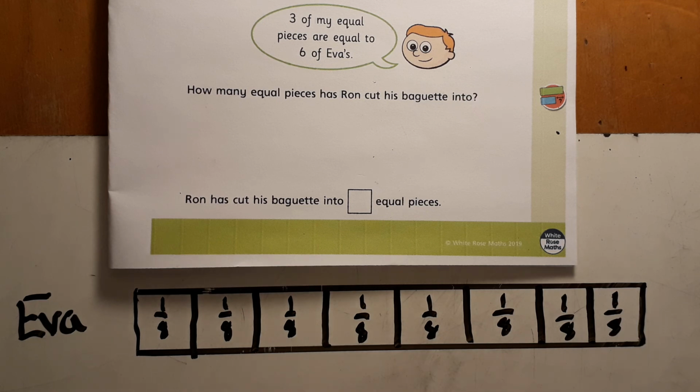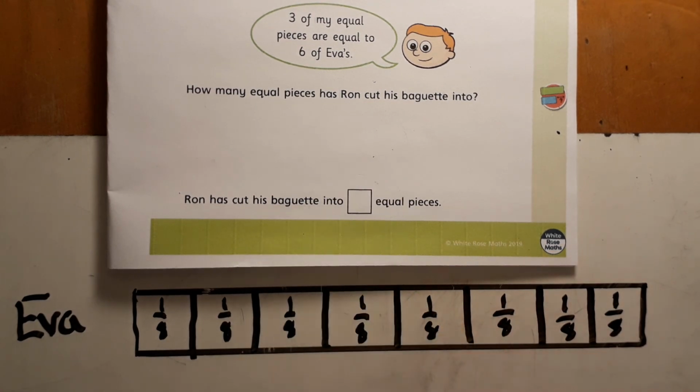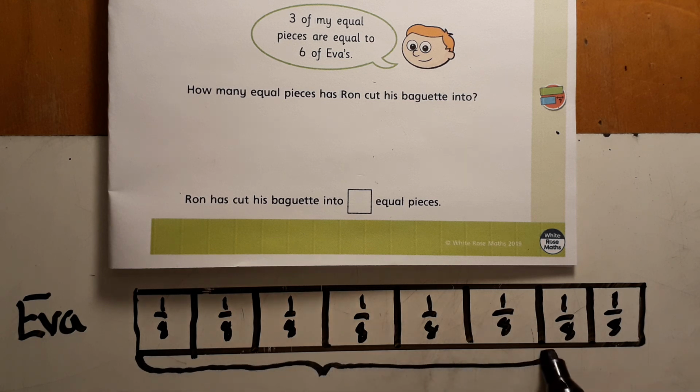Okay, so I put the 8s in because I think it will help us, and it says 3 of my equal pieces are equal to 6 of Eva's. So we know we need 6 8ths. Okay, because that's what Ron tells us. And for those 6 8ths, that would be 3 equal pieces. Okay, so I've got 1, 2, 3, 4, 5, 6 8ths, and I've got to divide that into 3 equal pieces.